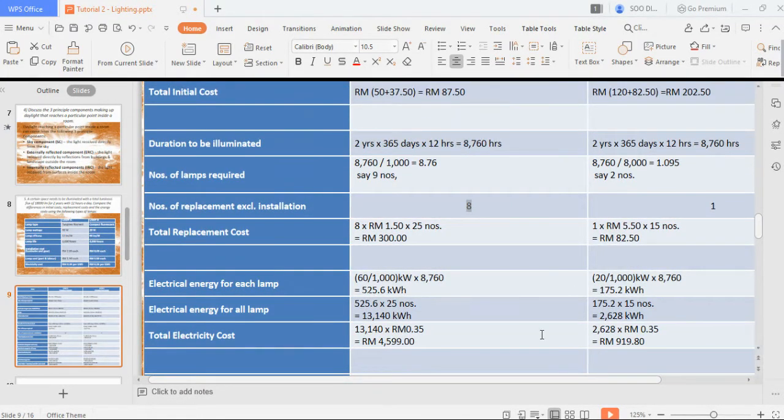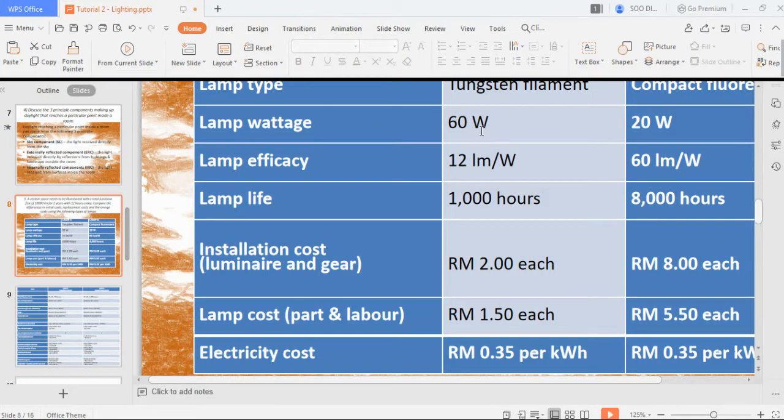And then finally, you want to find out the electricity cost. So how much it requires for you to light up this lamp to illuminate the area. Here you're given 60 watt for lamp A, and lamp B is running on 20 watt each lamp.